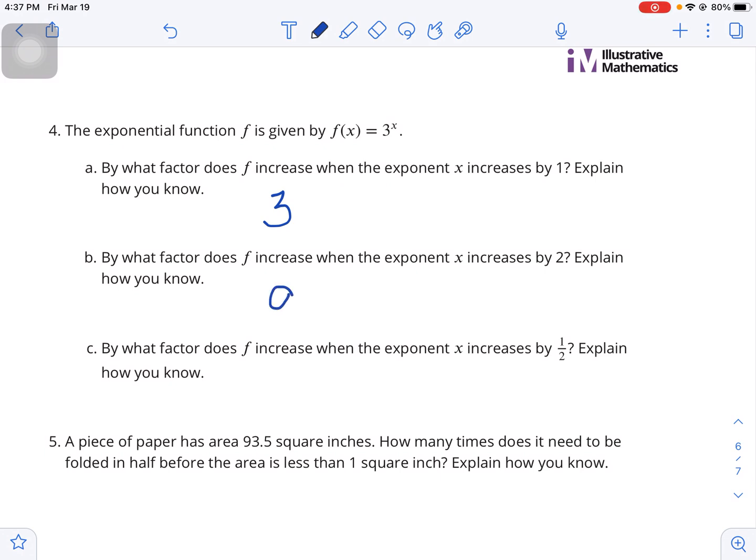Well, then it's going to increase by 9, because 3 squared is 9. And the letter C, by what factor does f increase when the exponent x increases by a half? Then we're talking 3 to the 1/2 power, or the square root of 3.